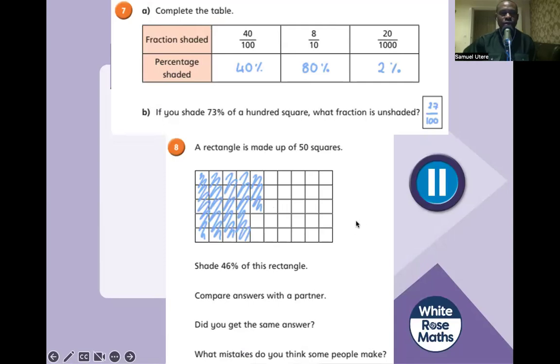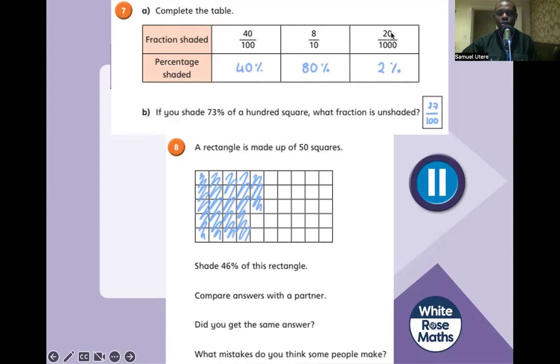So here you're asked to complete the table. Okay, here you're required to write them in percentage. And here they are. Take note that 20 thousandths is the same thing as 2 hundredths. So we could simplify to hundredths by dividing each, the numerator and the denominator, by 10.